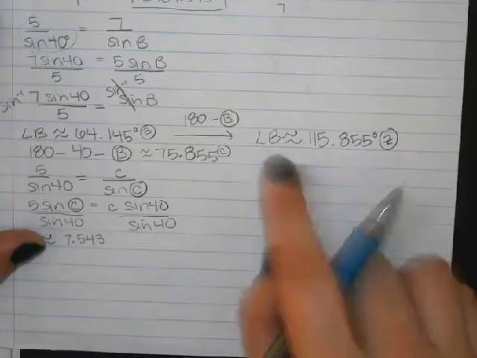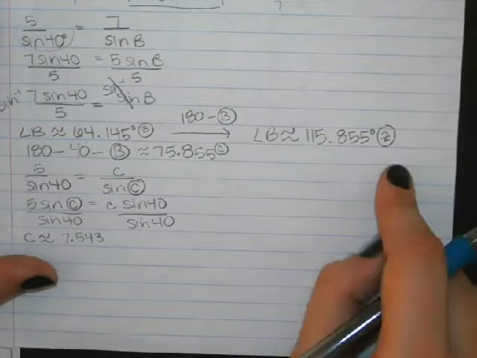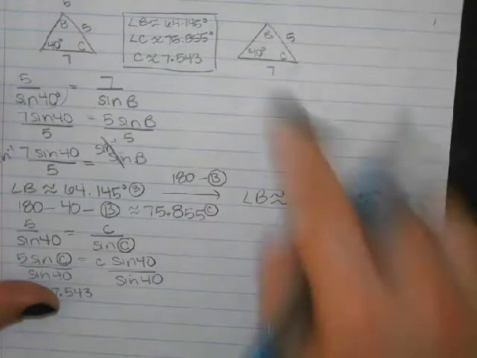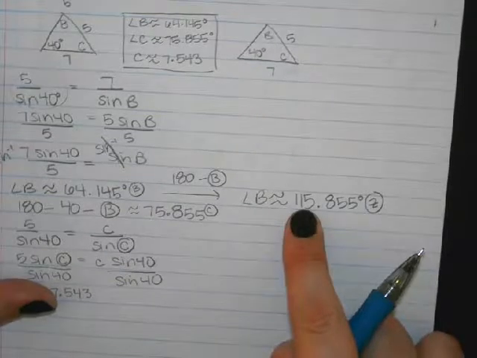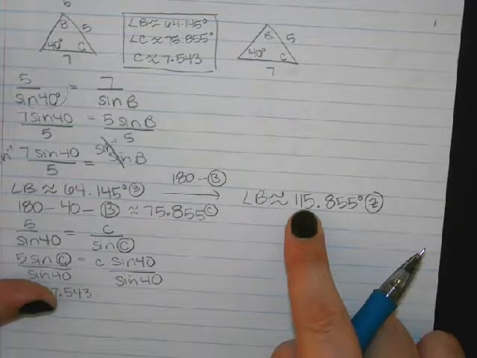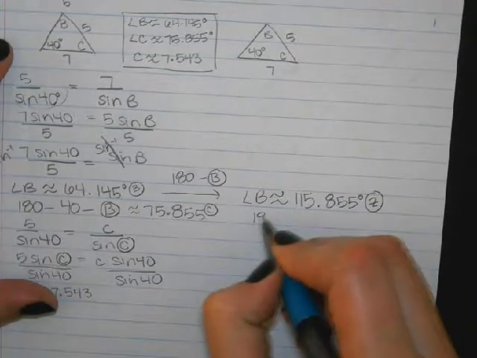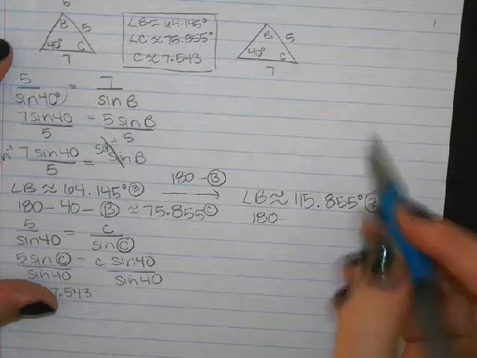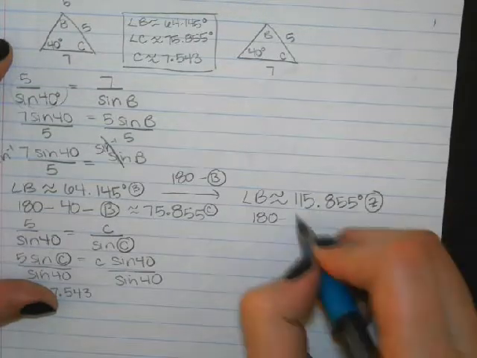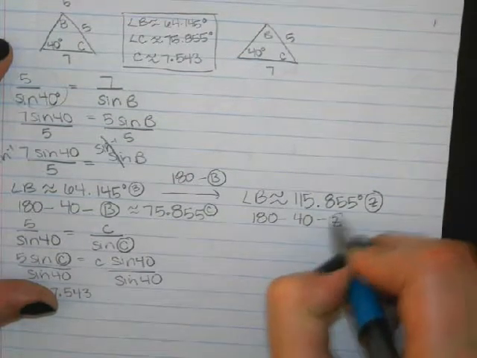So this one had angle B that was this other decimal. So we have angle A is 40, angle B is 115. How do we find angle C? Yeah, so 180 minus the 40 minus what we got for angle B.